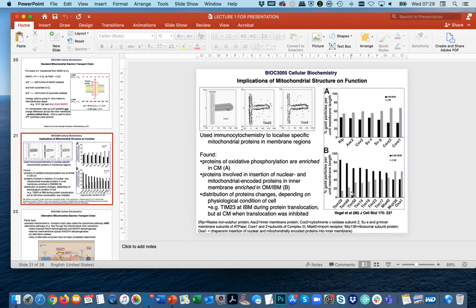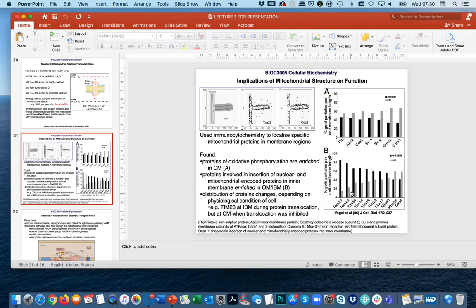The investigators also found that the distribution of the proteins actually changes depending on the physiological state of the cell. They found a high representation of TIM23, one of the proteins of the translocon of the inner membrane, when proteins were being translocated.